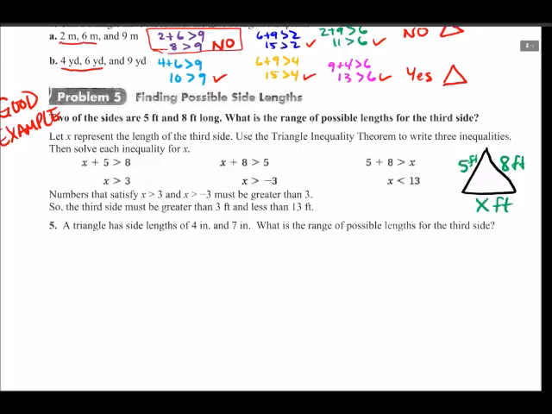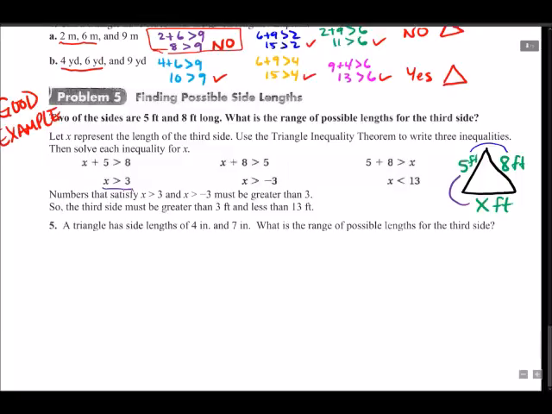So let's do the first one here. We're going to check these two sides. x plus 5 has to be greater than 8. So x has to be greater than 3. The next two sides, 5 plus 8 has to be greater than x.